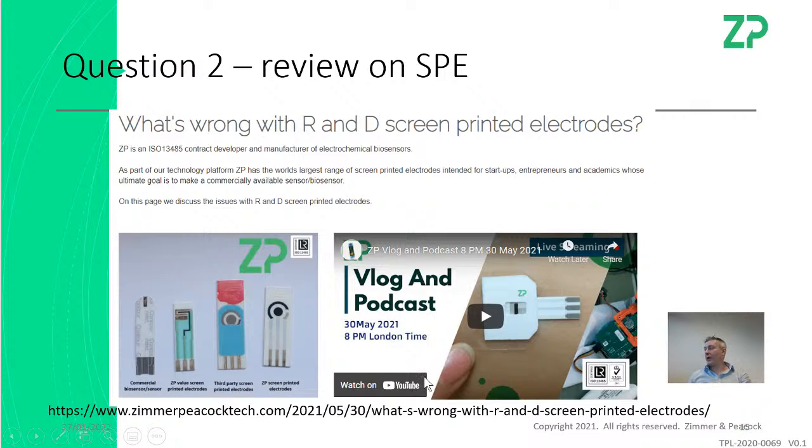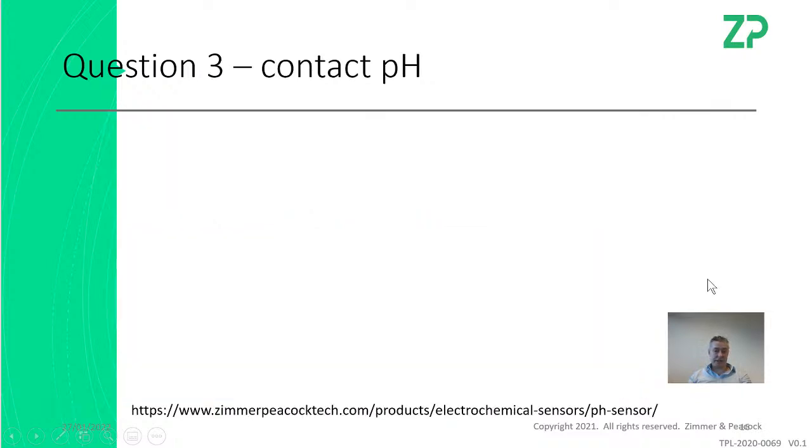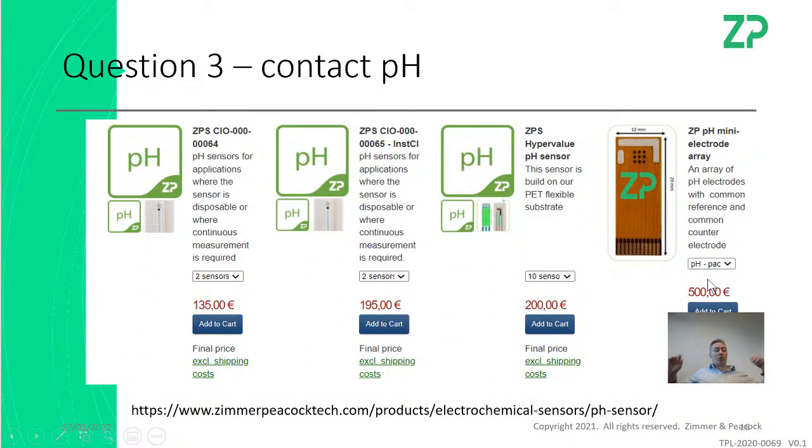You'll be very surprised by some of the variability that is coming from manufacturers. We do have a whole article on what's wrong with screen printed electrodes, and my advice would be to purchase a HyperValue screen printed electrode from ZP and just test them.